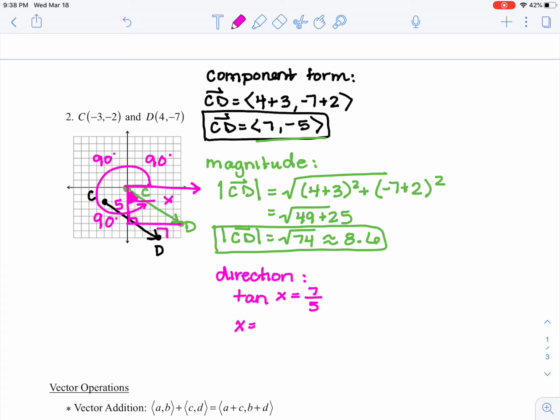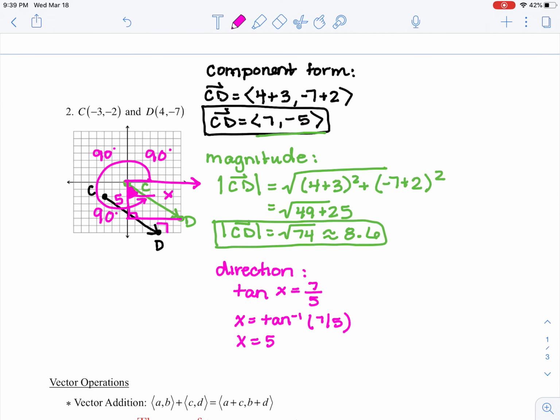Because x is an angle, we use our inverse. So x is tangent inverse of 7/5. And when you put that into your calculator, you should find that x is about 54.5.